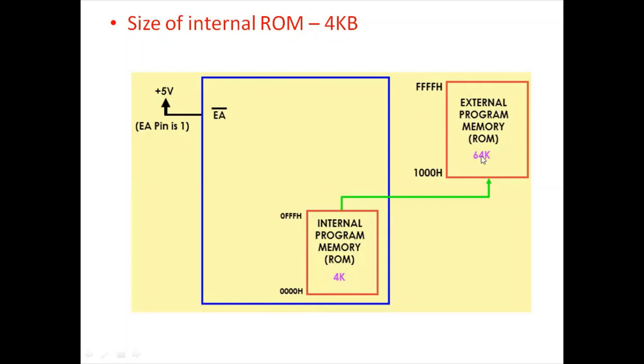This is wrong, this is not 64 KB, this is 60 KB. I'm so sorry. This is 60 KB external ROM from 1000 to FFFFH. I hope you understood this point that if EA bar is 1, first internal and then 60 KB external ROM.